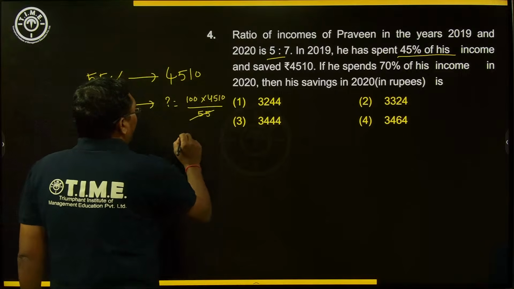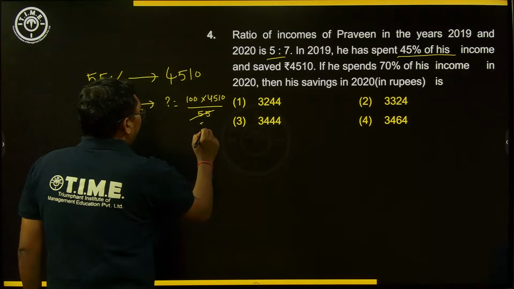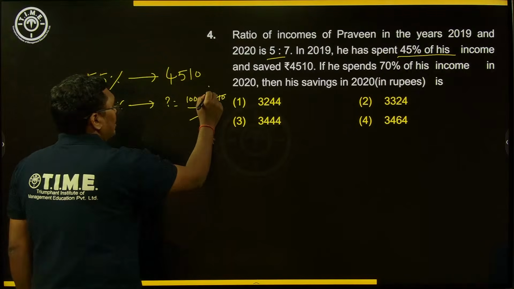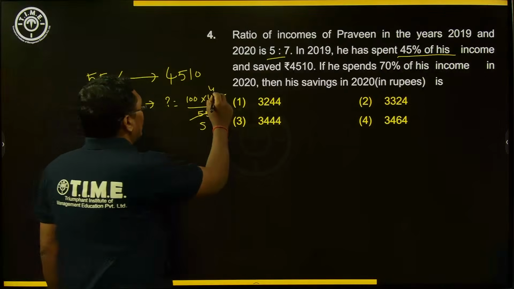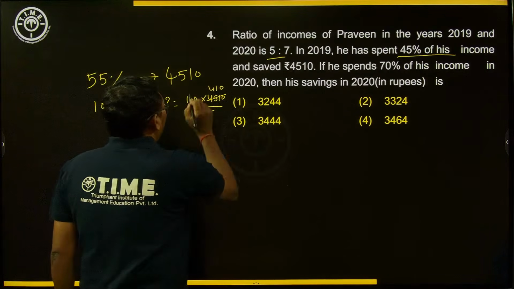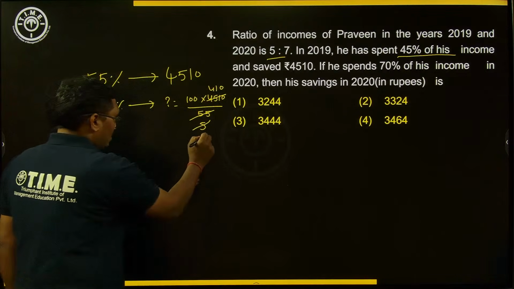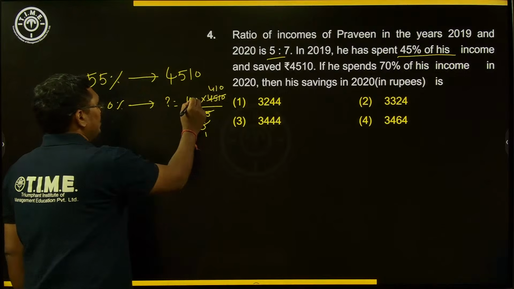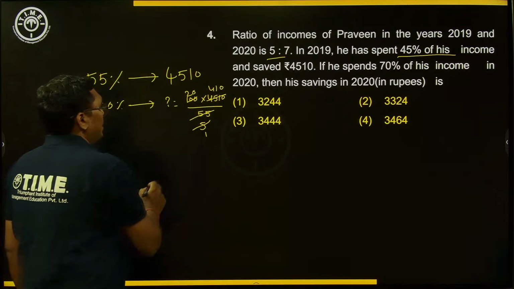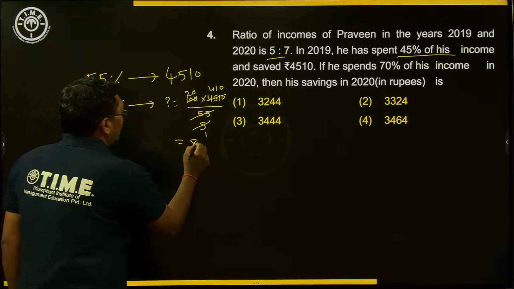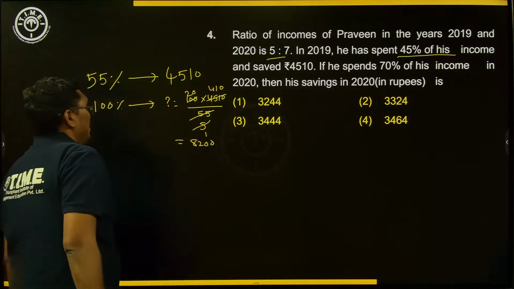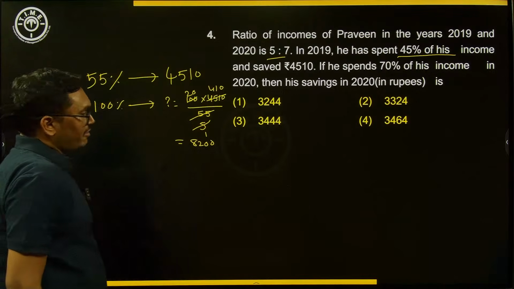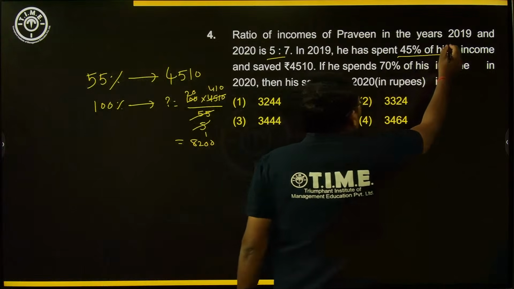So 5 how many times? 11 5 times, 11 4 times, and 11 1 times 0. Next, 5 1 time, 5 2 times 20. So this is 8200. This is the income of Praveen in 2019.